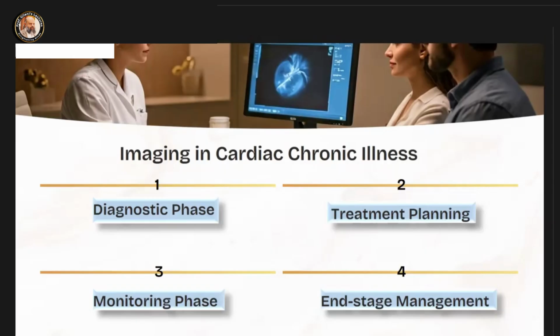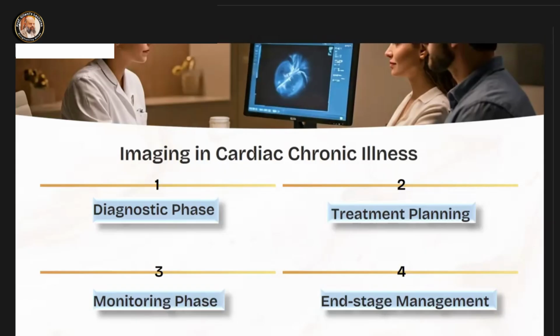Regular follow-up imaging tracks disease progression or treatment response, with nurses ensuring family understanding about the significance of subtle changes in cardiac function or cardiac dimensions.